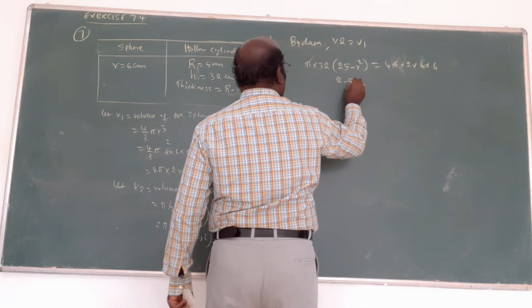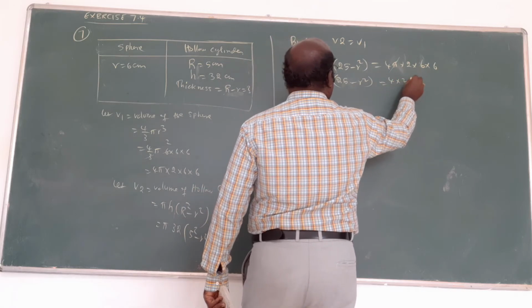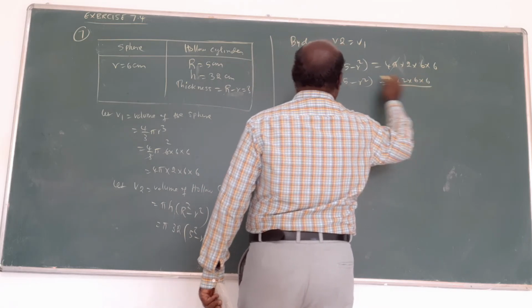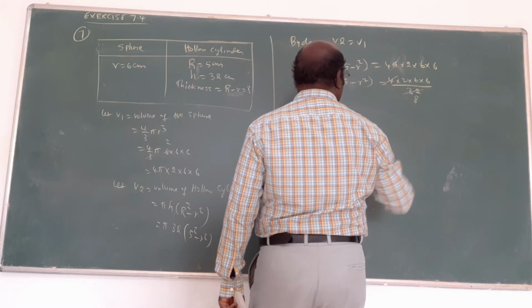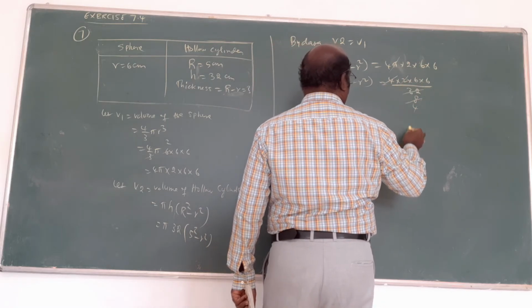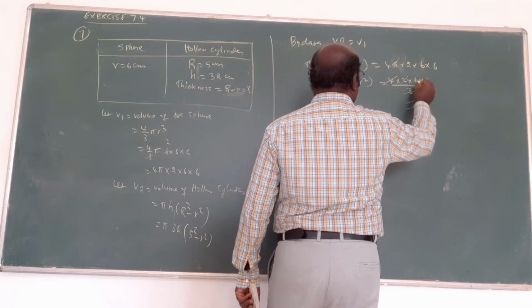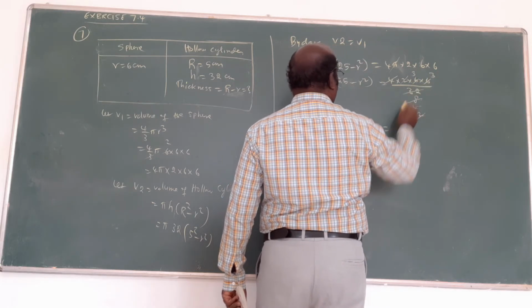So 25 minus r square equal to 4 into 2 into 6 into 6 divided by 32. 1 times 8 times, 1 times 4 times, again 2 times 3 times, 2 times 2 times. In this way, get the answer. 3 3s are 9.